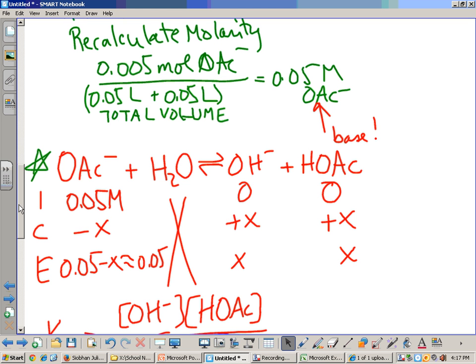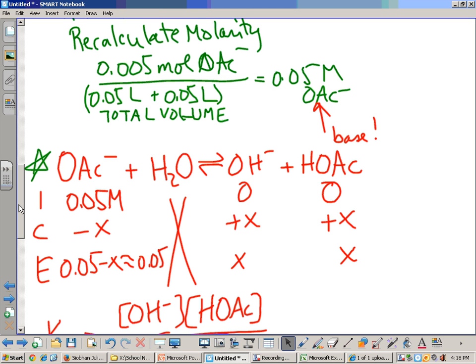The second part of the problem is simply an equilibrium problem. And equilibrium problems have 3 steps. Reaction, ICE chart, expression. The reaction that you write is based on what you have. We had a base. That was the only thing left in solution. So we're going to write a reaction for base dissociation. Those are really the big places where students tend to mess up.